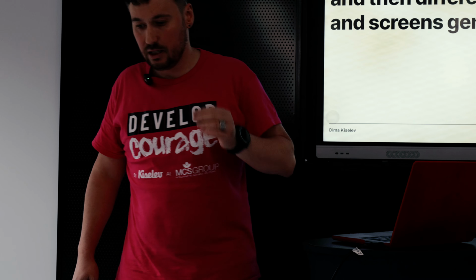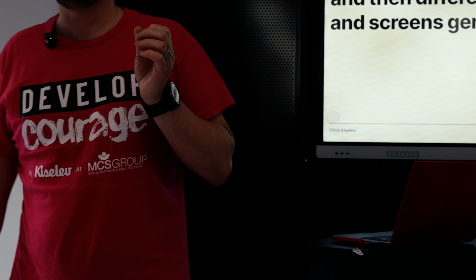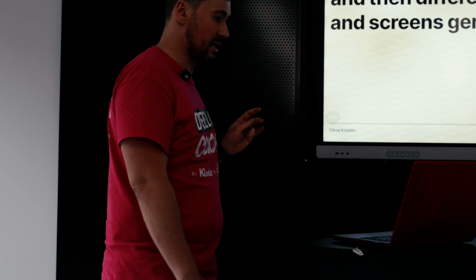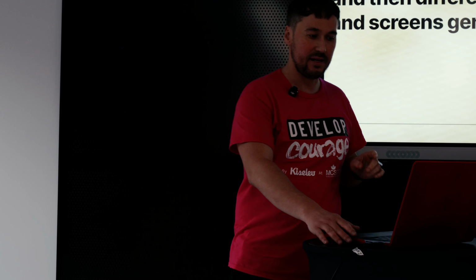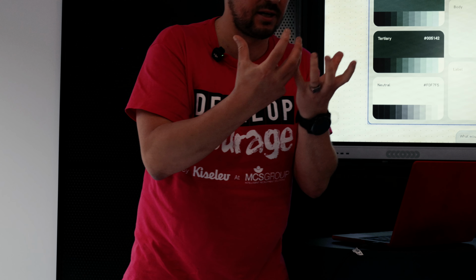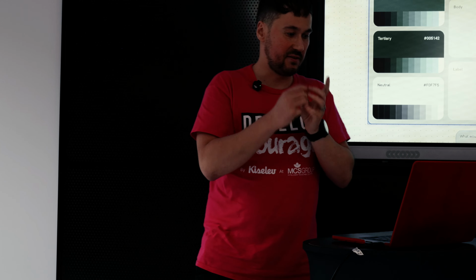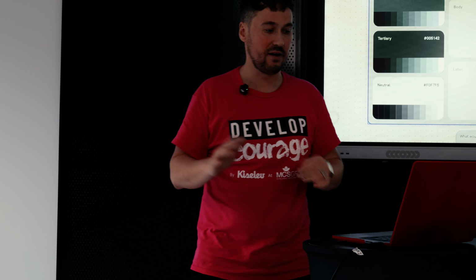The project that we've been working on, number one, is design system generation from scratch, and then different pages and screens generation. And when I say design system, in this particular case with Google Stitch, it's a thing like that. This is not the full Figma, all of the stuff. It's the concept from Google.